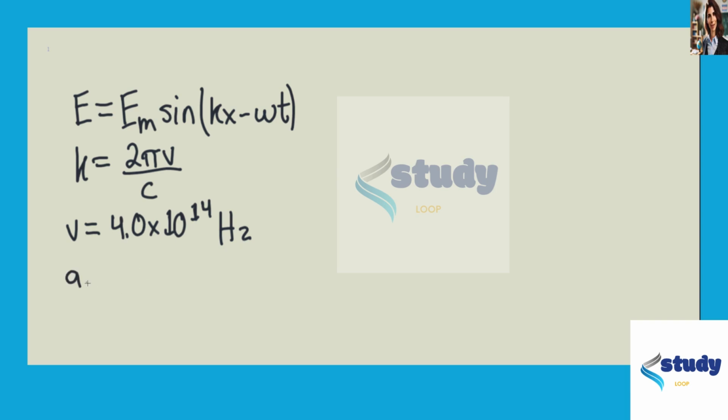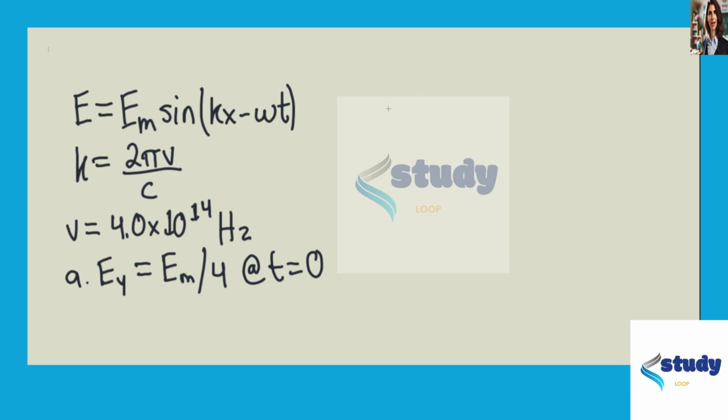For part A, at point P, E_y, the y component of the electric field, would be equal to the maximum electric field divided by 4 at t equaling 0. So this is the initial condition, and we substitute this into the sinusoidal varying electric field.